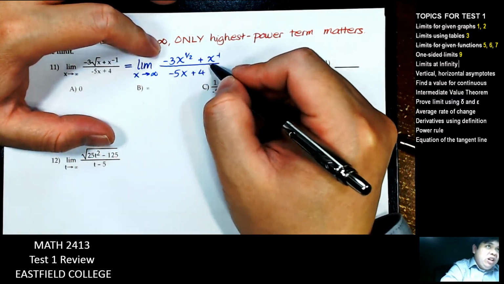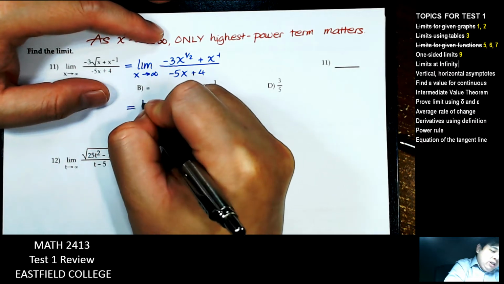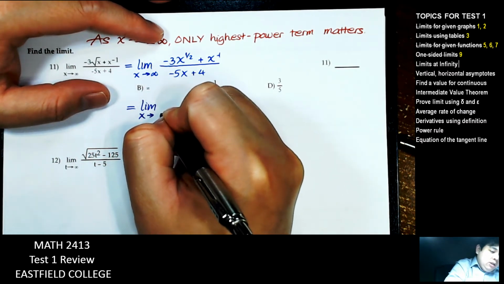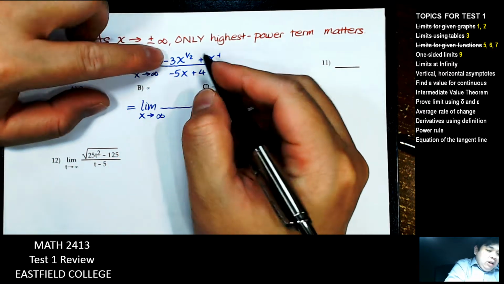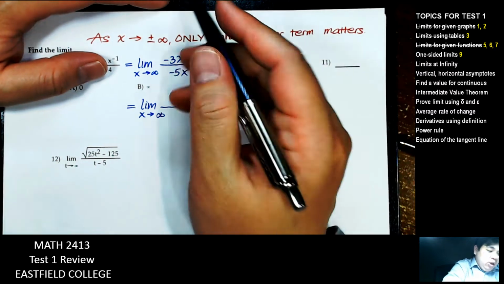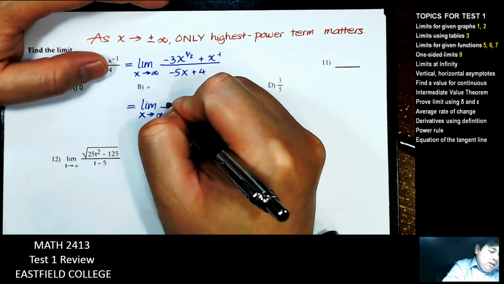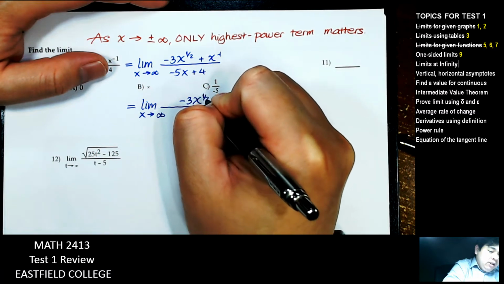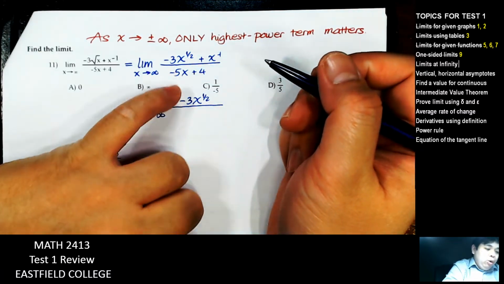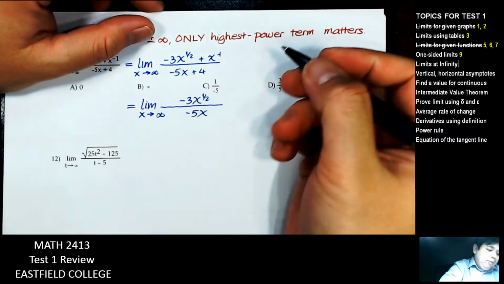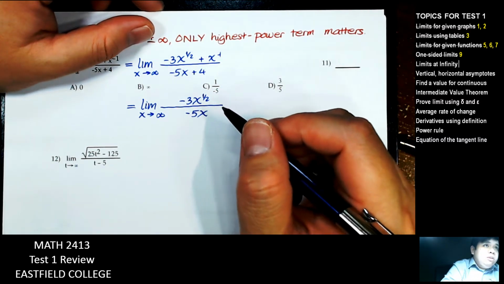The negative one here doesn't contribute to the limit. So the limit when x goes to infinity, the x to negative 1 here is not significant. On the top we have negative 3x to the 1/2, and the bottom with the high power we have negative 5x instead of 4. Right? Now find the limit.